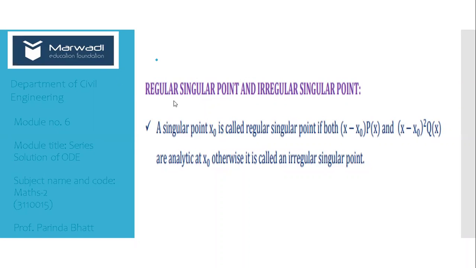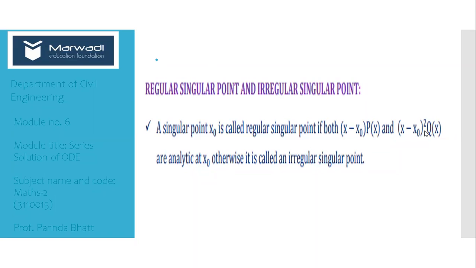Now the regular singular point, RSP, and the irregular singular point, IRSP. A singular point is called a regular singular point if two conditions are satisfied. The first condition is (x minus x0) P of x, and the other is (x minus x0) square Q of x.